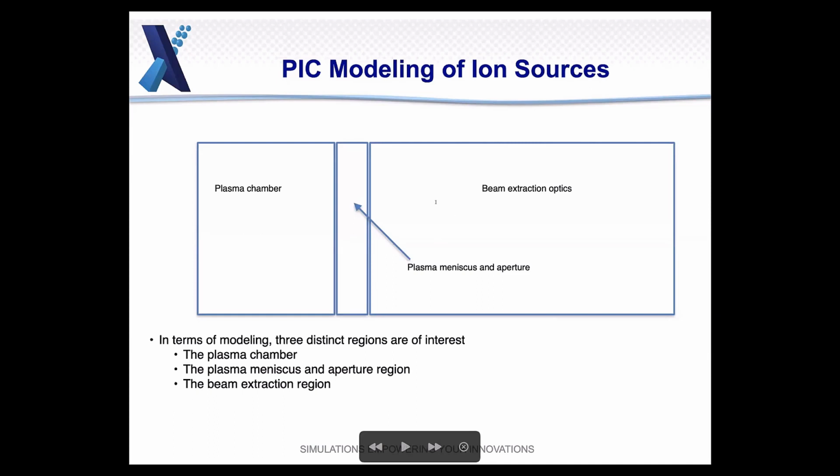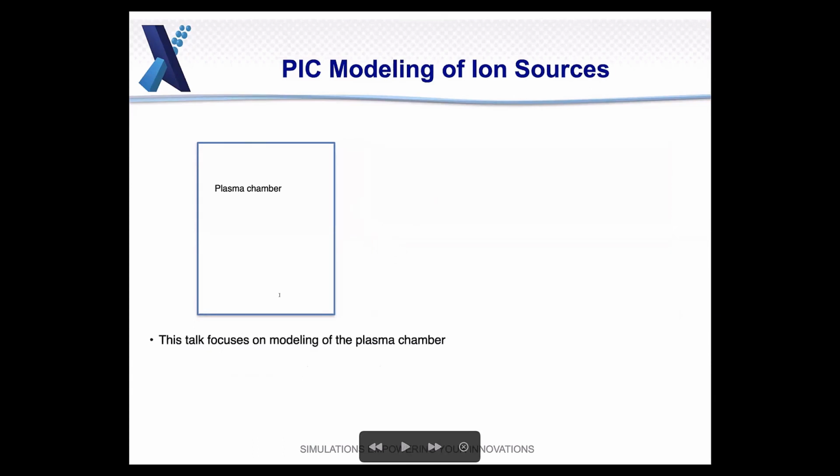And then finally, beam extraction optics, which takes the beam and through some optics massages the beam and passes it on to either a target or an accelerator or whatever. For this talk, I'm going to only concentrate on the plasma chamber and modeling of the plasma chamber.